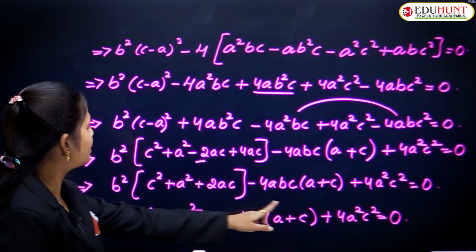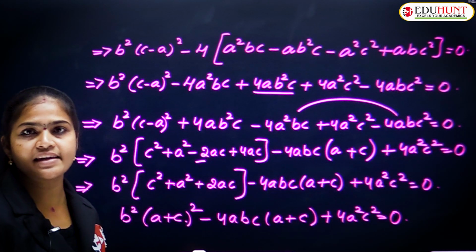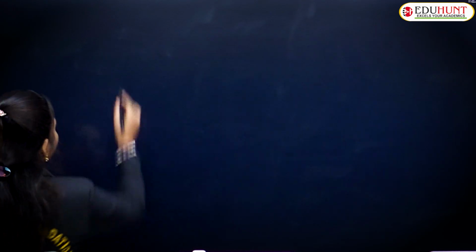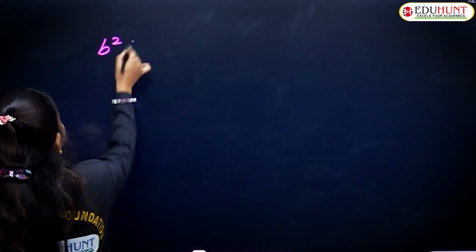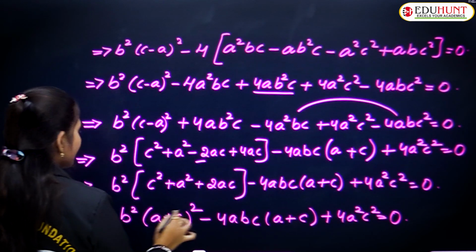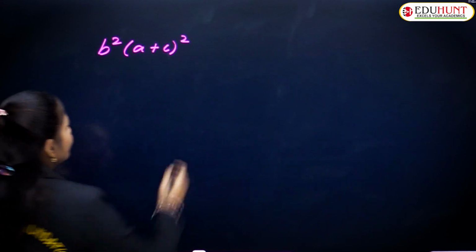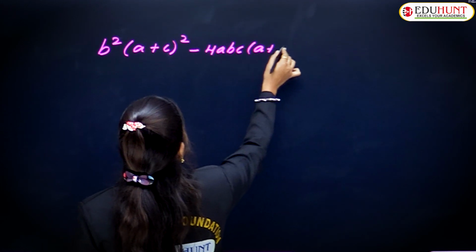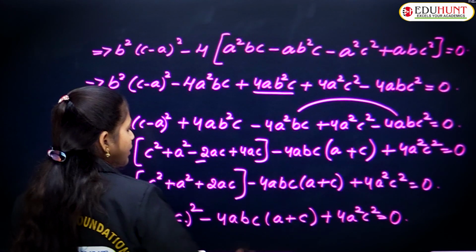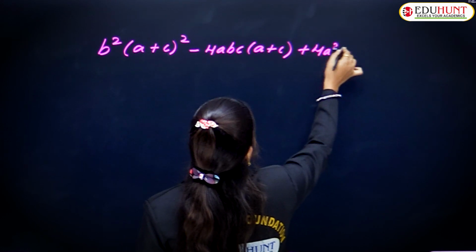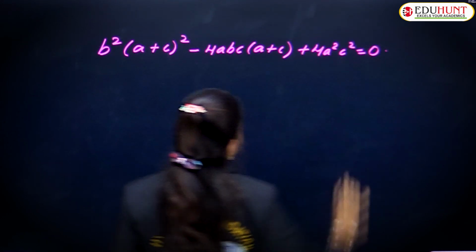So here just observe that here also perfect square is there or not. See here, we can write this one as, again I am writing, b square into a plus c whole square minus 4abc into a plus c, plus 4a square c square, which is equals to 0.